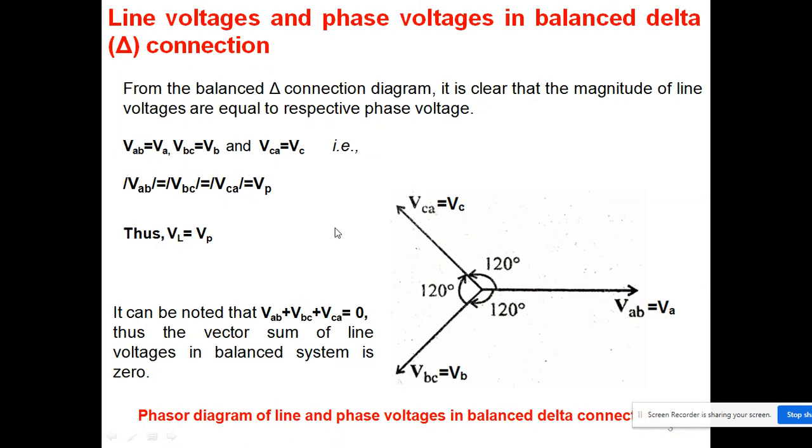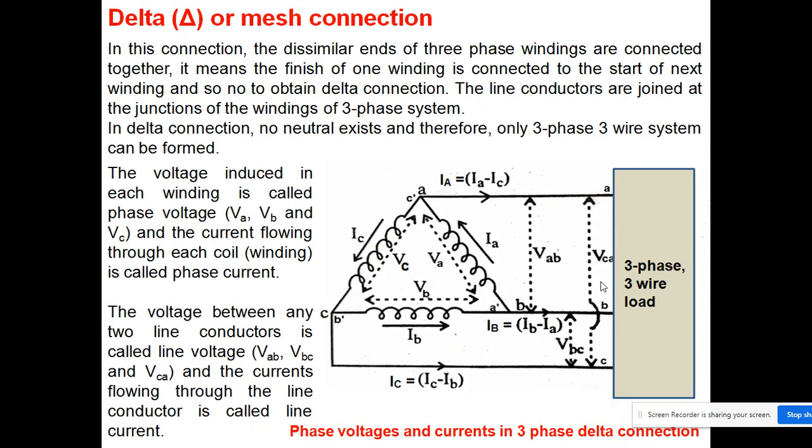Okay. Now we will see the line voltage and phase voltage in a balanced delta connection. It is also clear from this phasor diagram.